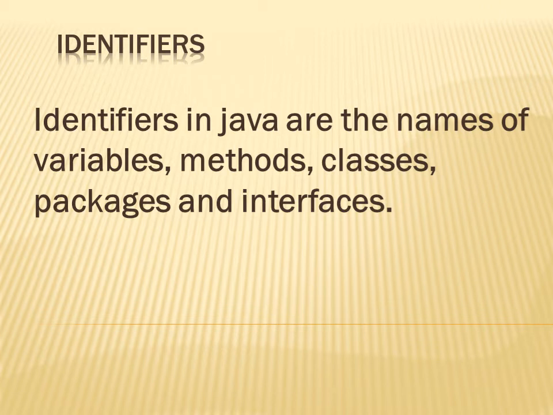If you find any difficulties, you have to take your class 9th book and just go through these books. The other names for identifiers, literals, the methods, you have to learn it.